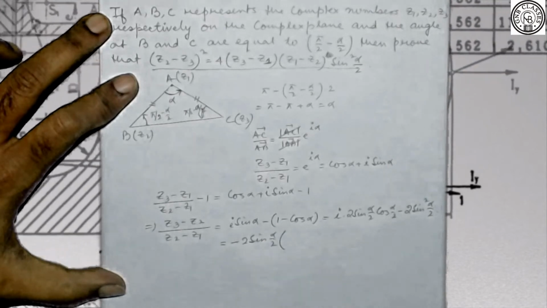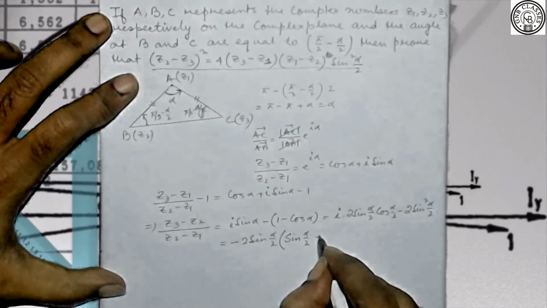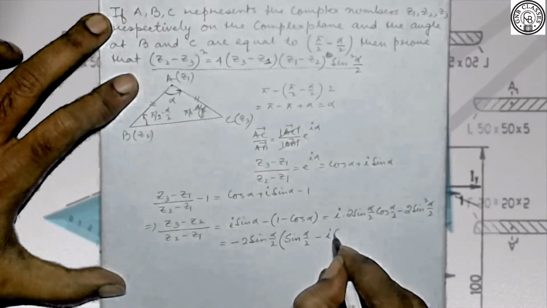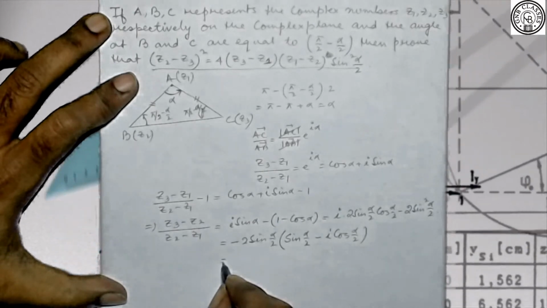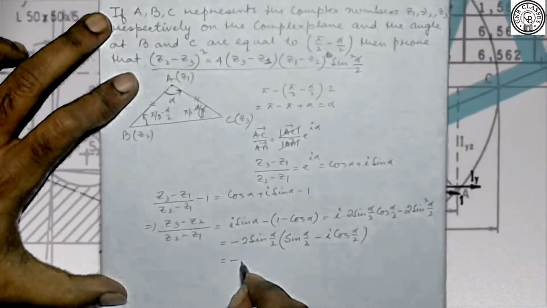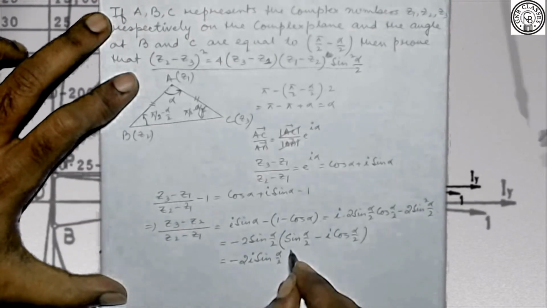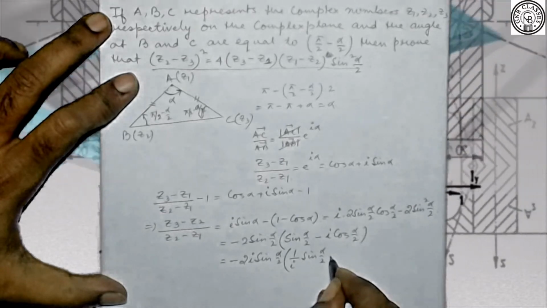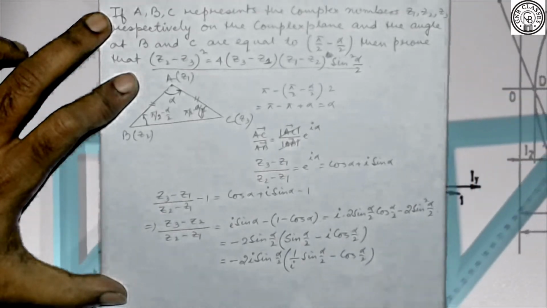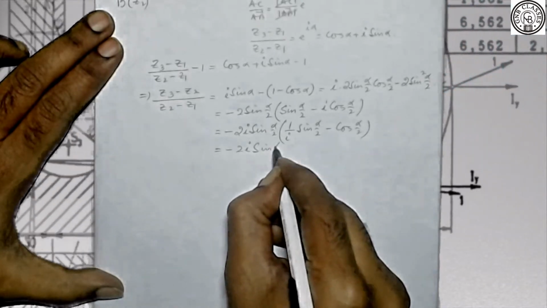So we are having sin alpha by 2 minus iota cos alpha by 2. If I take an iota common, so this one will be 1 by iota (sin alpha by 2 minus cos alpha by 2), minus 2 iota sin alpha by 2.